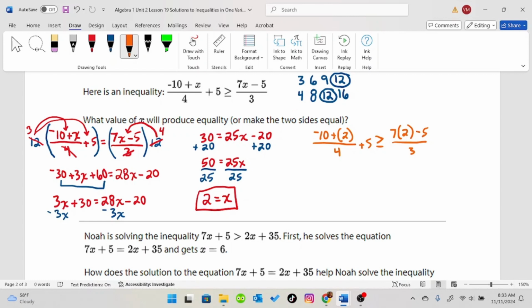Negative 10 plus 2 is negative 8. Seven times 2 is 14. Negative 8 divided by 4 is negative 2. 14 minus 5 is 9.